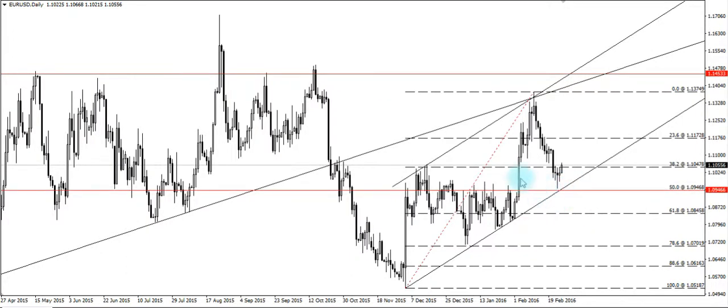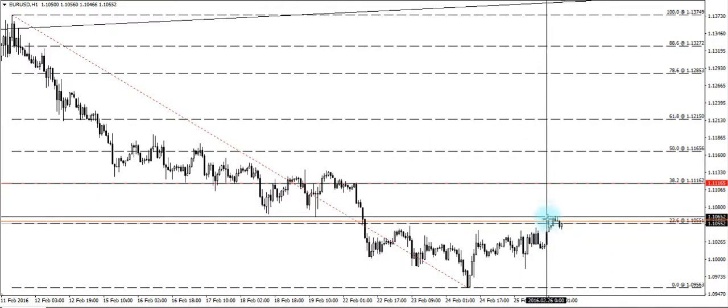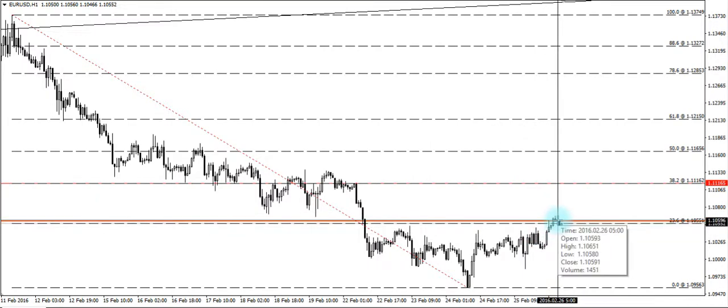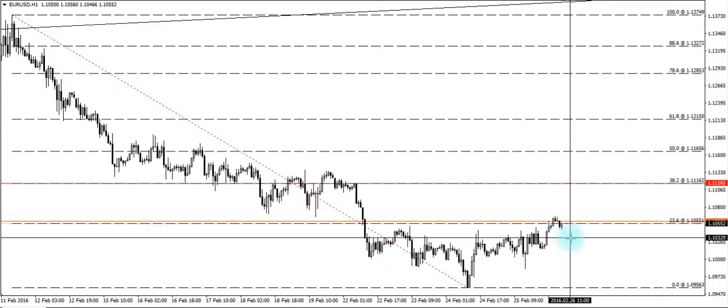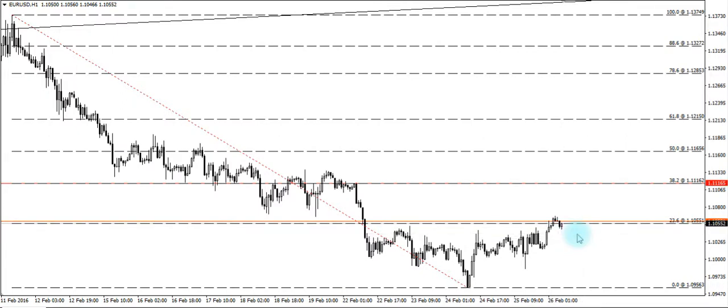So anyway, let's zoom in into the 1 hourly chart, and we can see that the price has been a little bit exhausted on the appreciation, and therefore it is expected to retrace a little bit lower before it continues its appreciation. So there's a possibility the price may resume depreciation after a little appreciation towards the retracement level of 30.2% at the price of 1.1116.